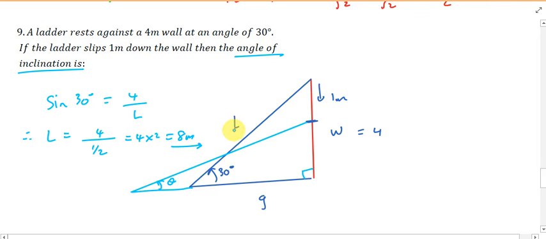This ladder did not change when it slipped down the wall, so this is also 8 meters here, and this is also 8 meters till the ladder here. Now looking at this line over here, we got theta, right?